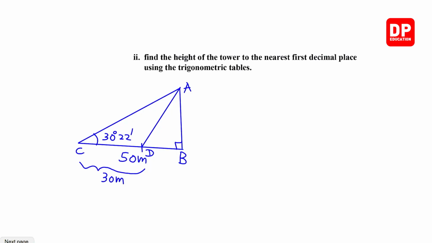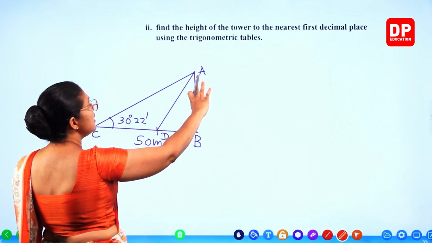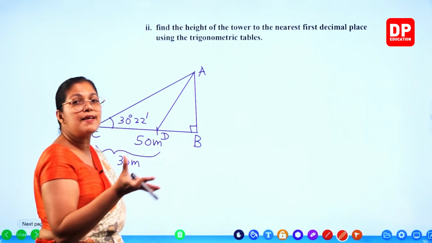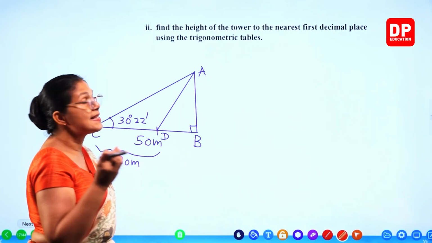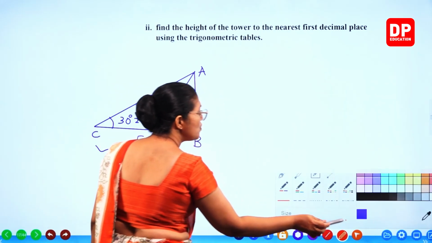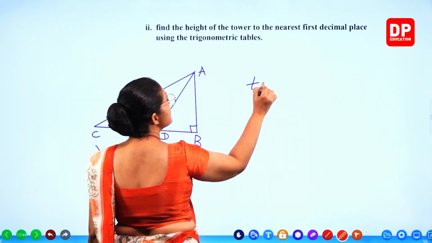Second part, find the height of the tower, that's AB, to the nearest first decimal place using the trigonometric tables. So this is the vertical part, opposite to the angle, and adjacent is given as 50 meters. So what is the suitable trig ratio? That's tan. So you can use the tan ratio for that.